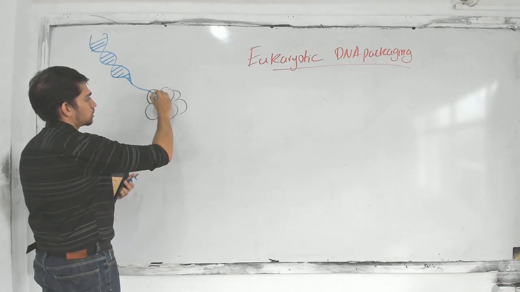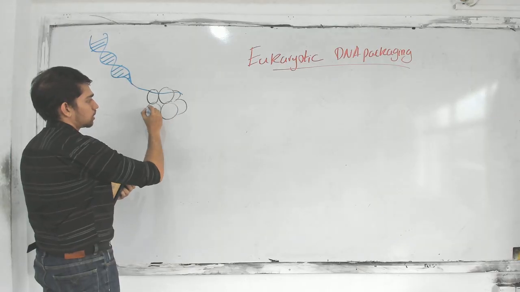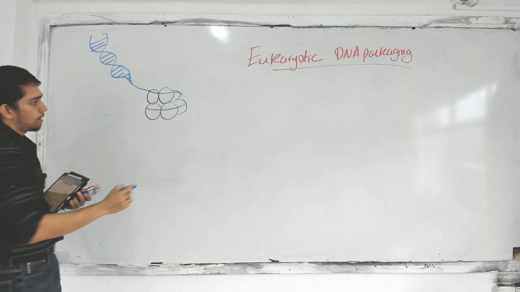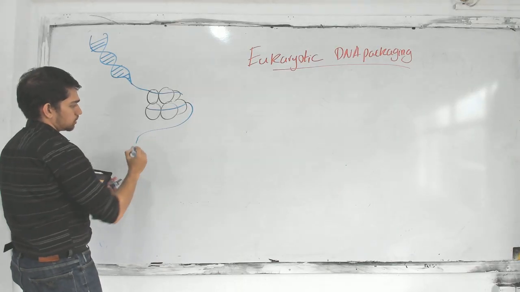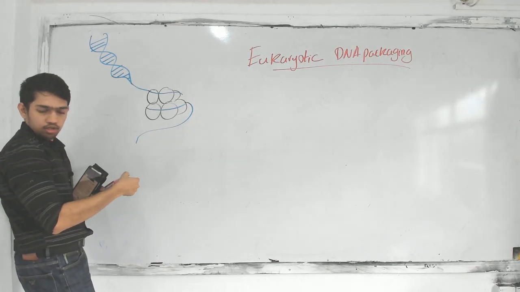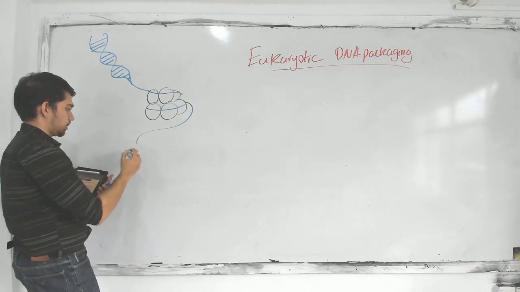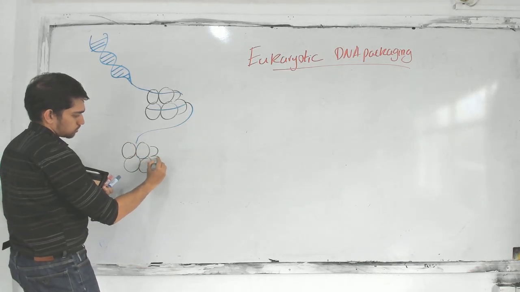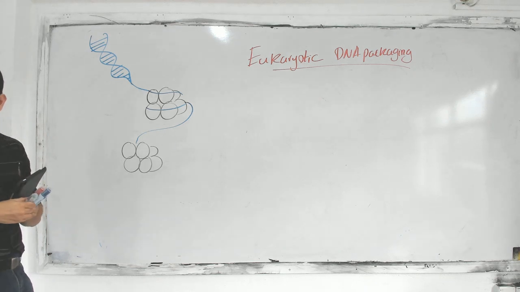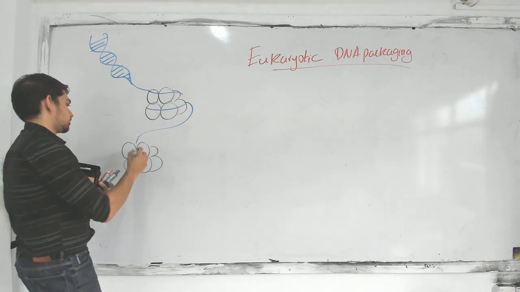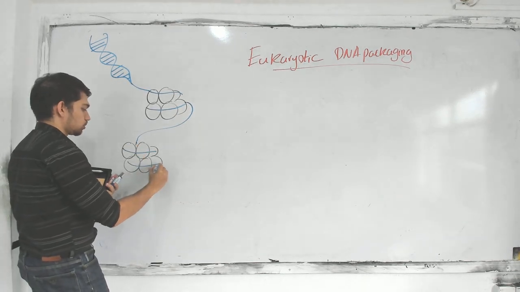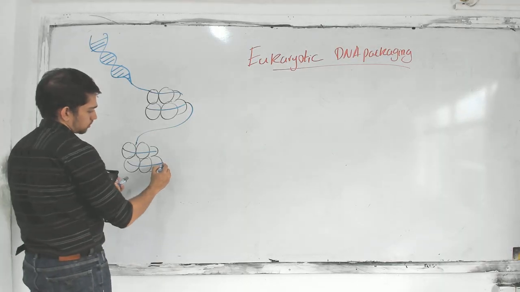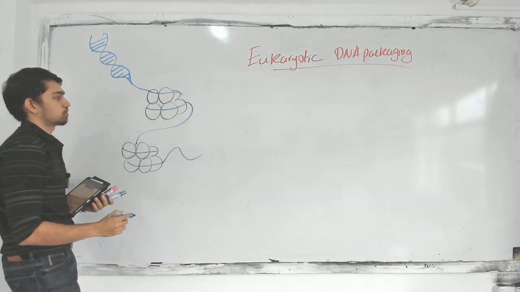How many times are you wrapping it? Once and twice. 2 times. Then this DNA is going to come again, and we are going to wrap it around 8 more histones to produce another unit like this. What is this called? These are called nucleosomes. So this DNA molecule is going to continue like this.